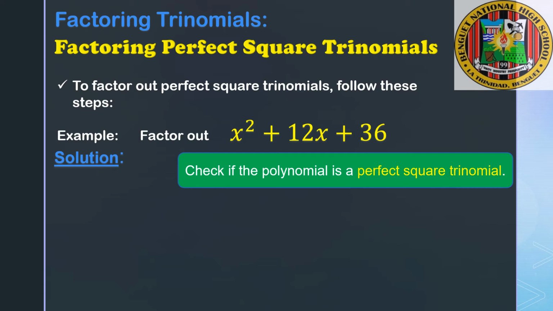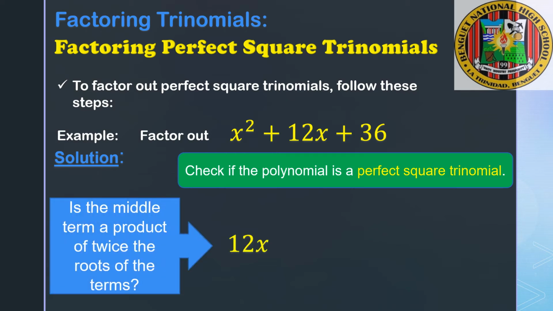The last thing that we have to check in our trinomial is the middle term, which should be a product of twice the roots of the terms. In our polynomial, our middle term is equal to 12x. To satisfy the condition, we multiply 2 by x by 6.